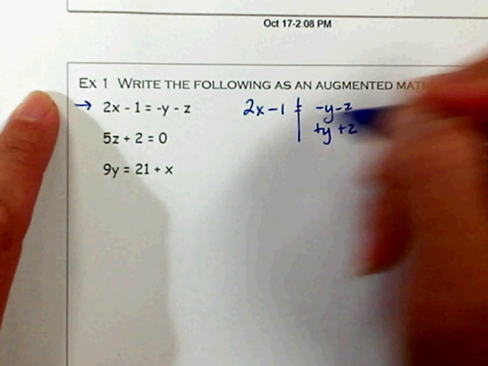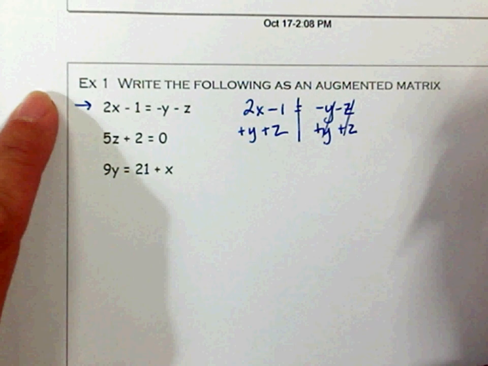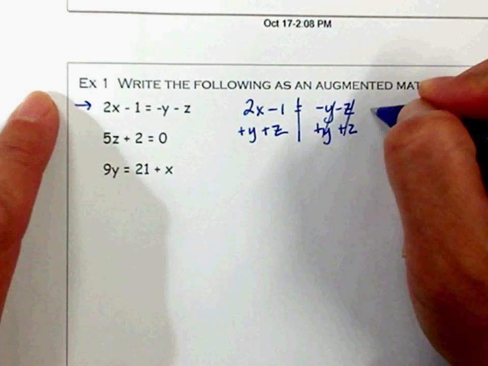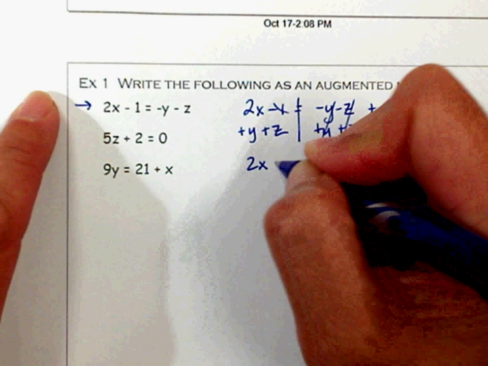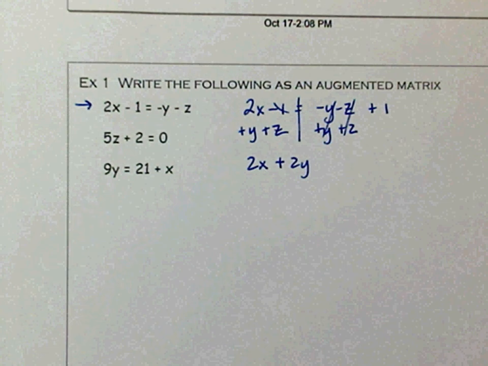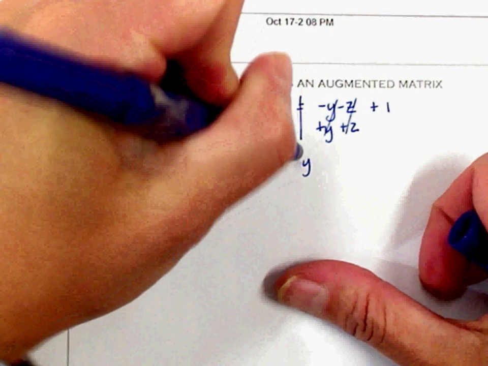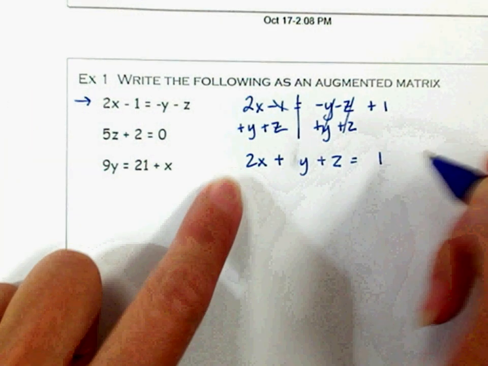What you do to one side, you do to the other. See that right there? And then I'm going to move the 1 over. So make that a +1. So this is 2x plus y, not 2y, my apologies. 2x plus y plus z is equal to 1. See, I just did that one?